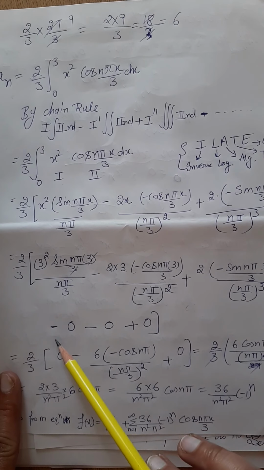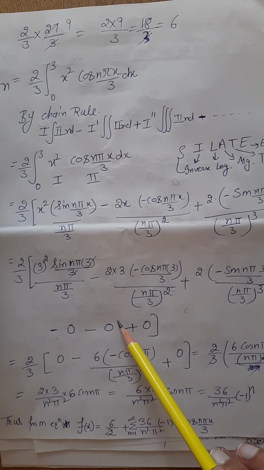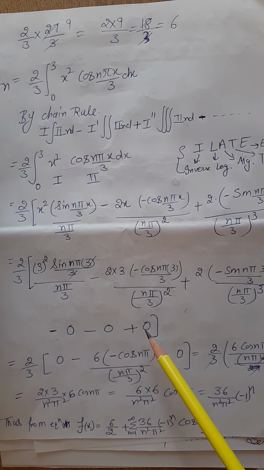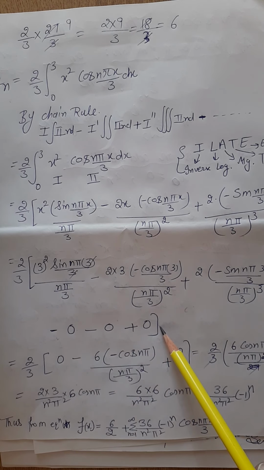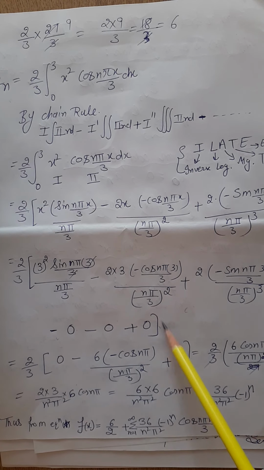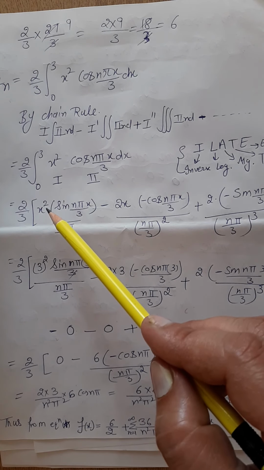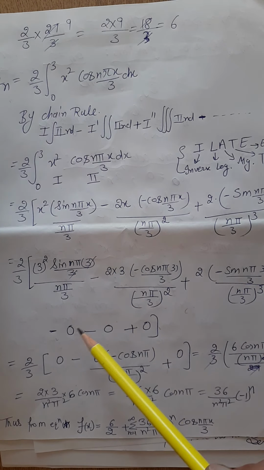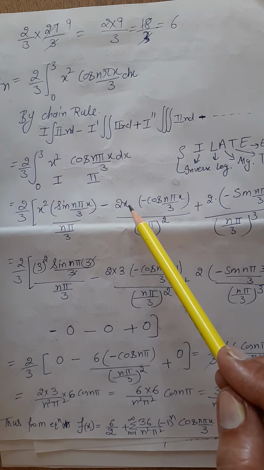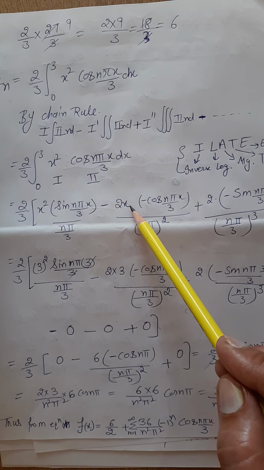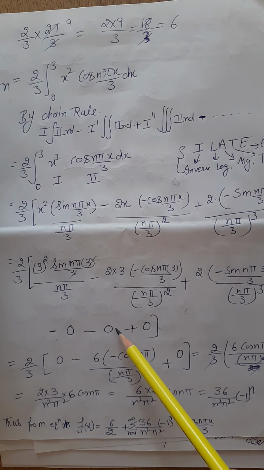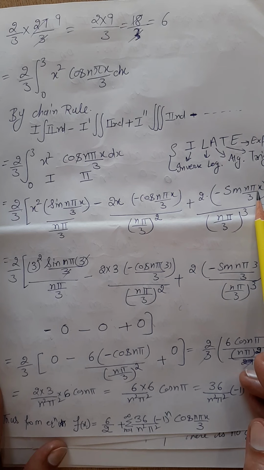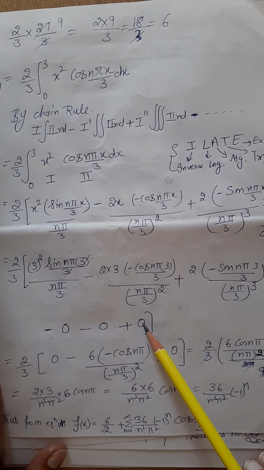Then apply the minus sign and put 0 in the place of x in your second part, but you need not write it here, because when we put 0 in the place of x, this part will be 0, and you know that sin(n pi 0) is also 0.